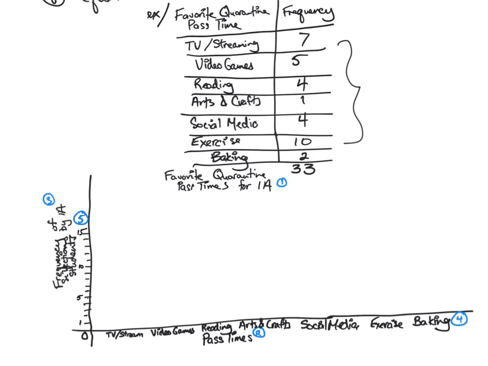So we're gonna have TV stream, that is 7, video games is 5, reading is 4. Now it's not perfect, but you do want to try your best to make these accurate, but you're doing it by hand. You don't need to measure it out with a ruler, but you want it to be clear.